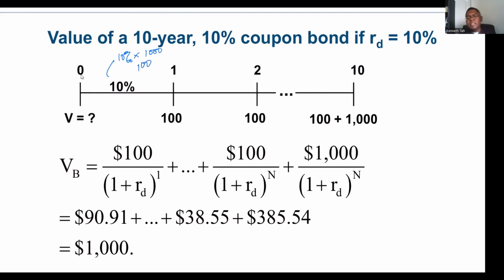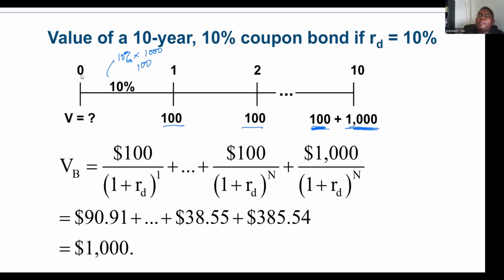So if you were to buy this bond, at the end of year 1 you will receive a coupon of $100. At the end of year 2, you receive a coupon payment of $100. Year 3, year 4, year 5, up to year 10. In year 10, you are going to receive the last coupon of $100, and you will receive the par value.